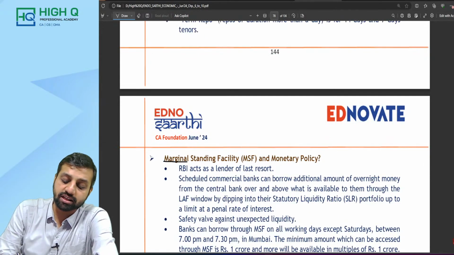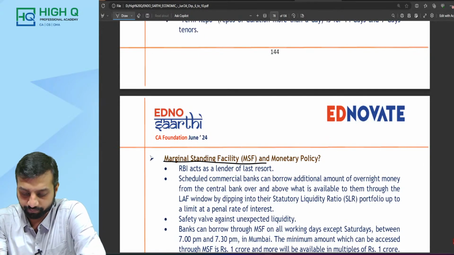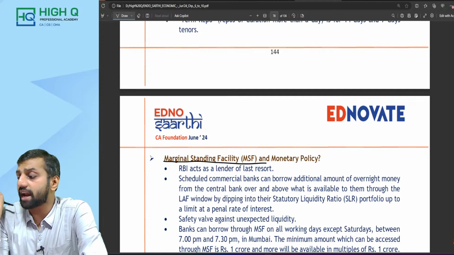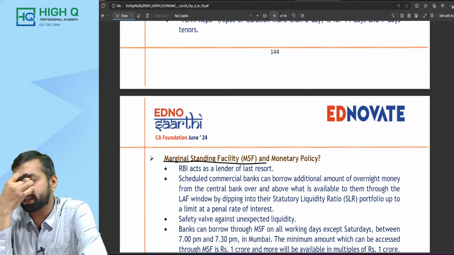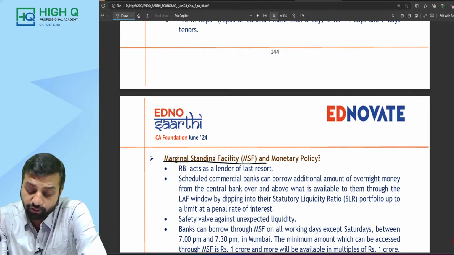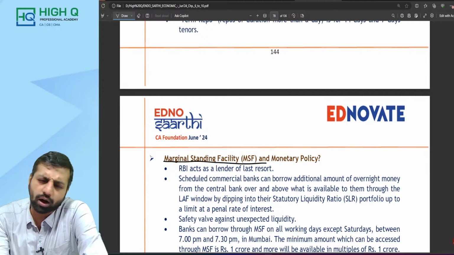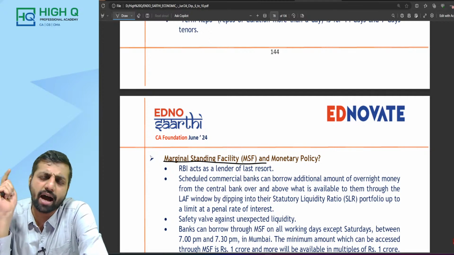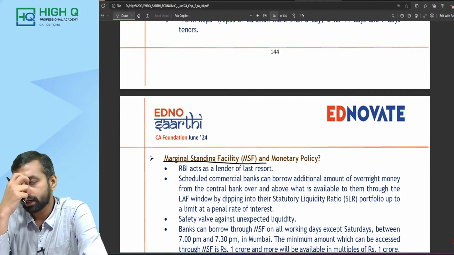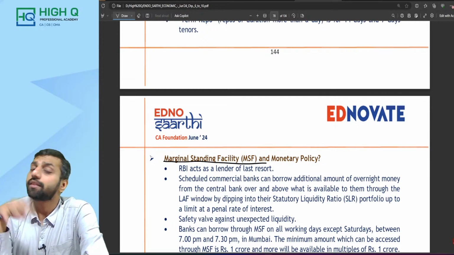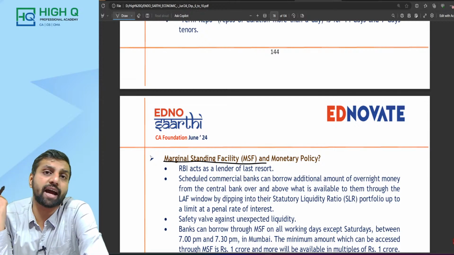Then we have a marginal standing facility. Now marginal standing facility basically is a penal rate of interest. You will have to pay a penalty because you have mismanaged the funds. You wanted money, you borrowed money from RBI in the form of repo rate. Now you are not even having enough of that. So what you do?